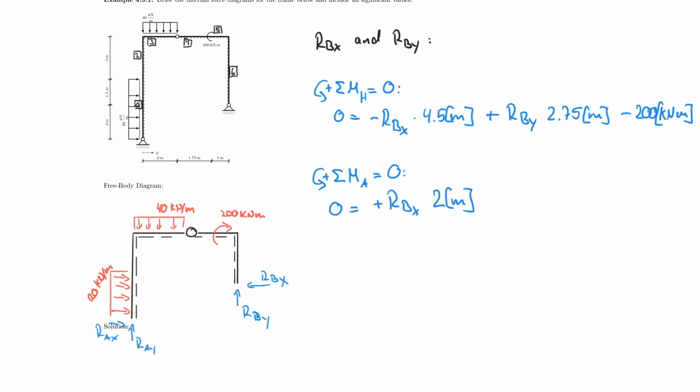Now I need to deal with RBY. And RBY is really acting upwards, so it's the distance from here to here in a horizontal fashion. That would be the entire length down here, which is 4.75. So times 4.75. But now I have to decide in which direction this is turning, and it's turning counterclockwise, if I'm not mistaken.